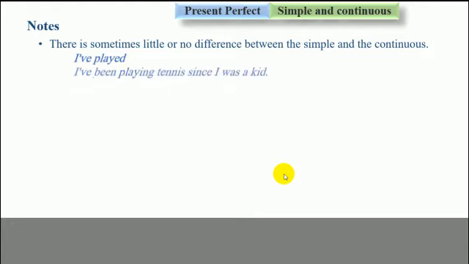I have played, I have been playing tennis since I was a kid. So the action started in the past and continues now. There is a very little difference. In the second example, I just referred to when the action started.